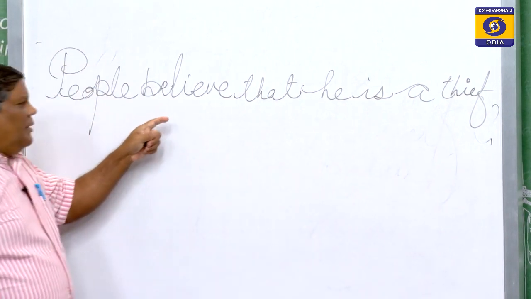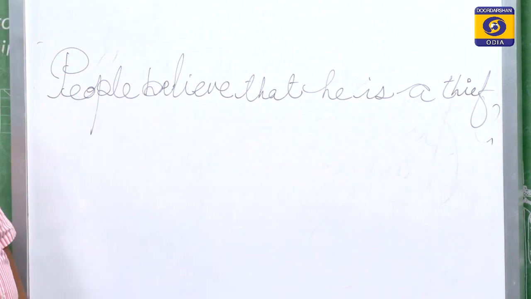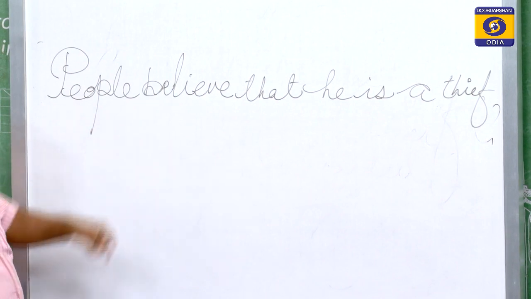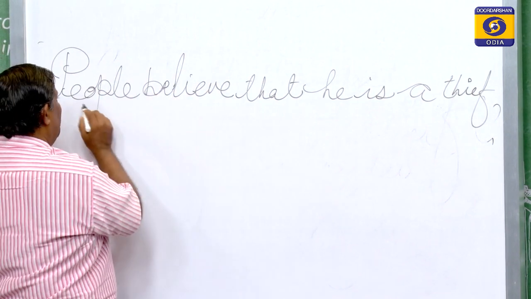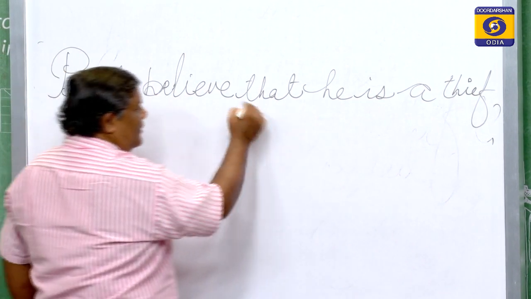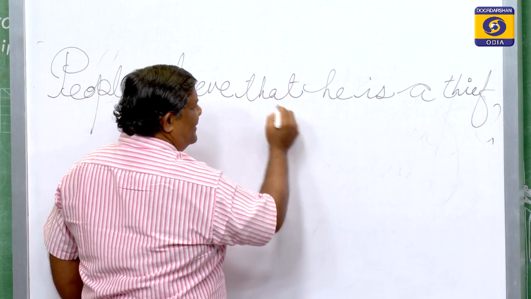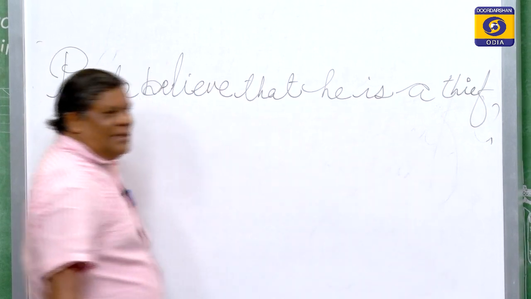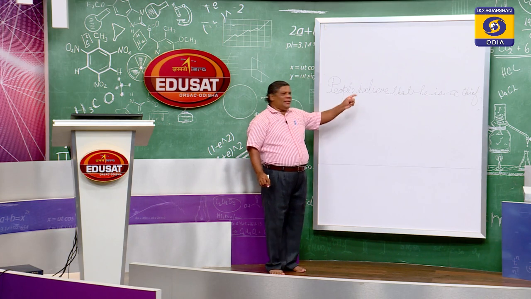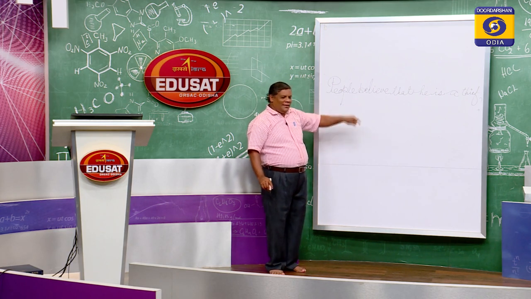People believe that he is a thief. You see, two sentences are here, they have become one. People believe is one, this that is the conjunction, he is a thief is another sentence. Two sentences are actually here, but it is one sentence.